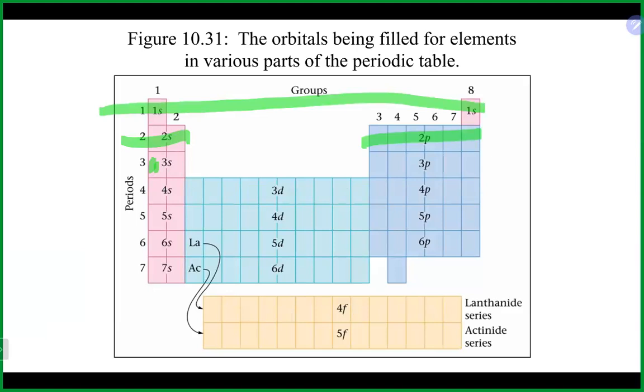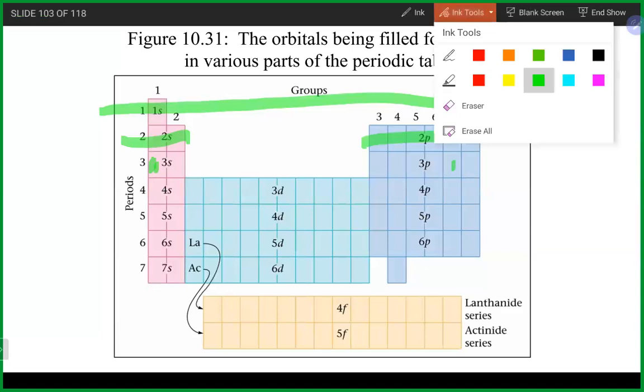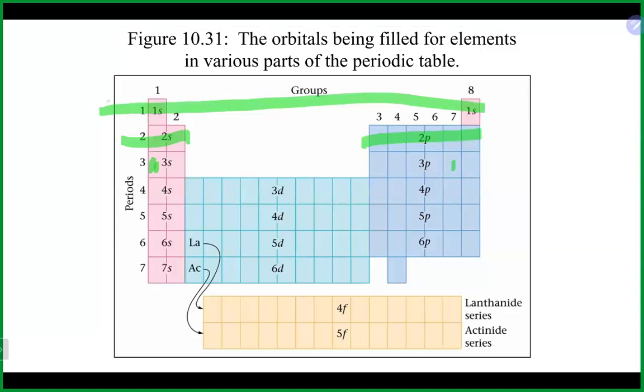Let's say we wanted to go over here to chlorine, which is about right there. Again, you would start at the top and go 1s2, 2s2, 2p6, 3s2, and 3p, 1, 2, 3, 4, and 5. You literally can count it.